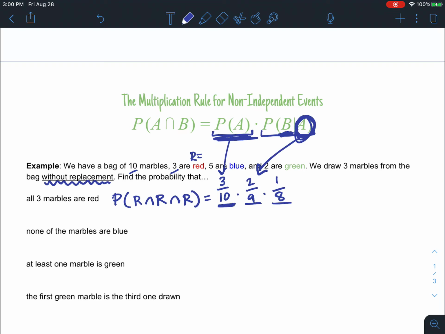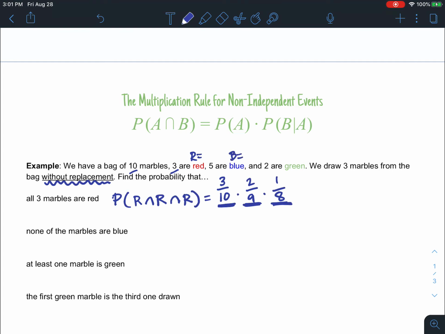Since the first one was red and the second one was red, given that those two have happened, it affects the third one being red as well. Okay, hopefully that helps with that. Please don't memorize. It's good to know it and have it handy, but you don't have to use it to be able to figure out these probabilities.